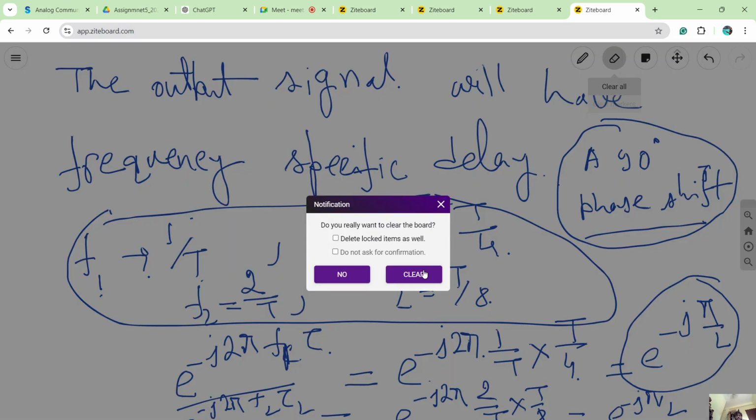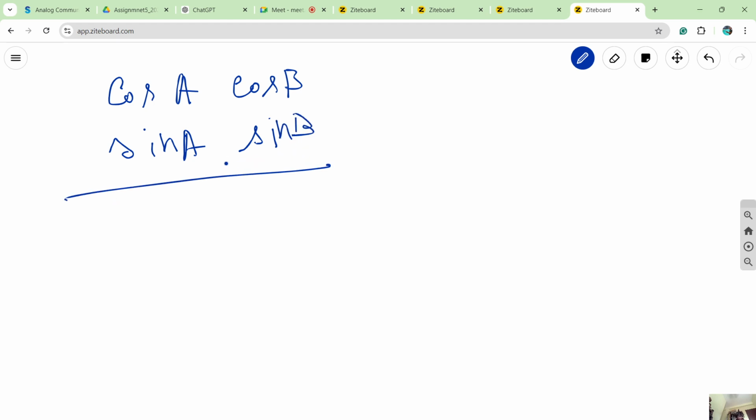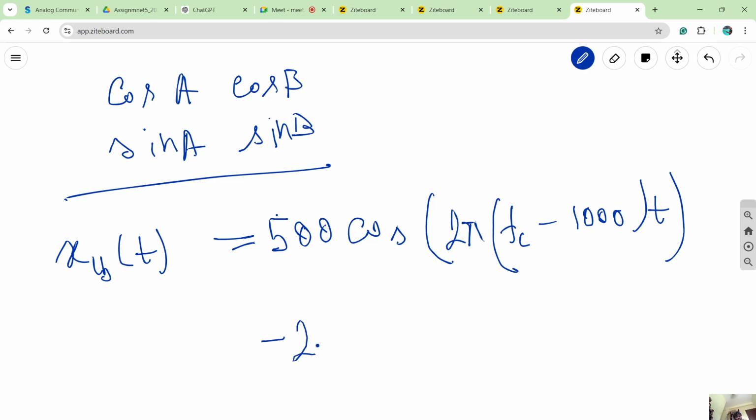And then if we solve this with all the cos A cos B formulas or sin A sin B formulas, the output will come as x of LSB(t) is equal to 500 cos 2 pi (fc minus 1000) t minus 200 sin (fc minus 1000) t.